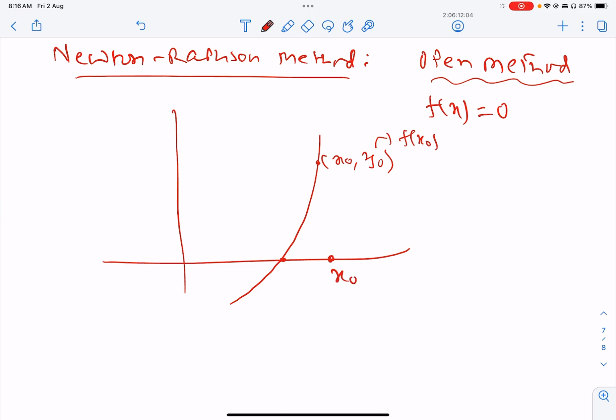We begin from here. Now what we do, we find out the tangent like this. So the idea is like this.